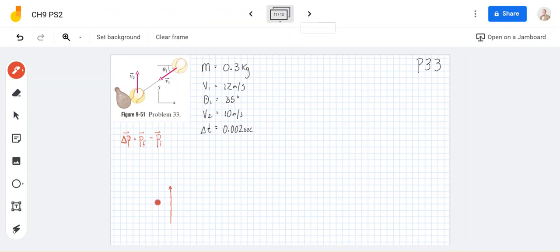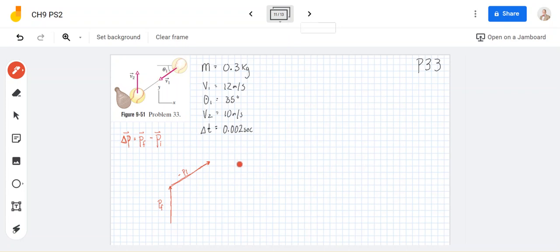So I want this to be the final momentum. That goes with this velocity, but it's a momentum. And then this one is our negative initial momentum vector. So the initial momentum vector would be this way.